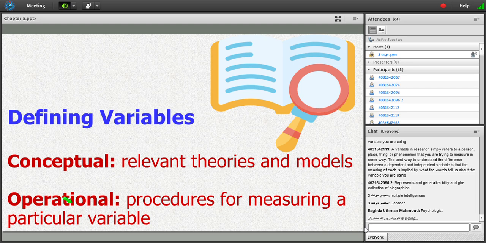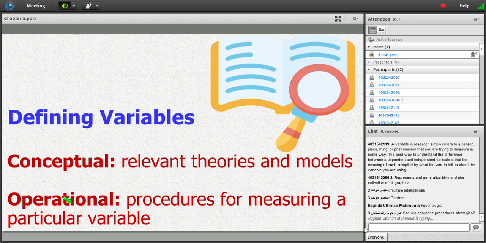Yes, Gardner is a psychologist who presented the multiple intelligences theory, and we use it in our teaching practices. For example, if a student has high musical intelligence, the student would be able to imitate the accent of Americans well. That student would be good in pronunciation and good in listening skill.